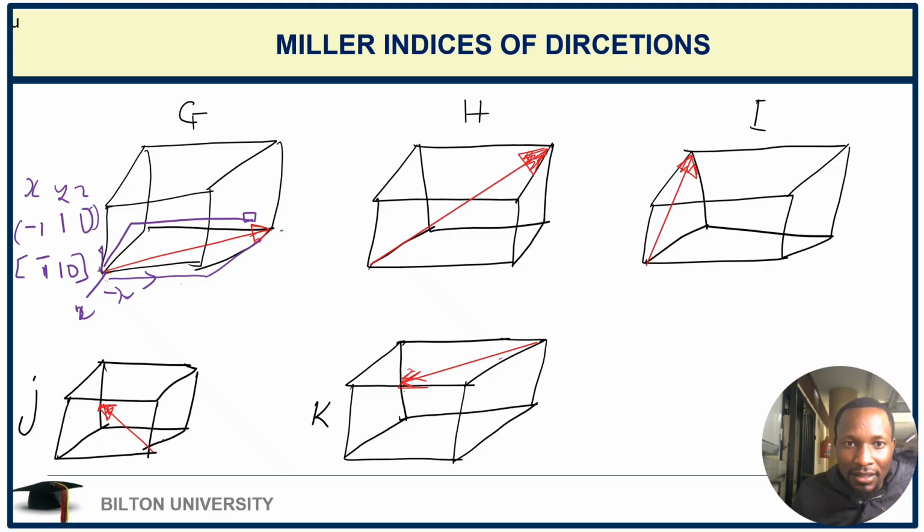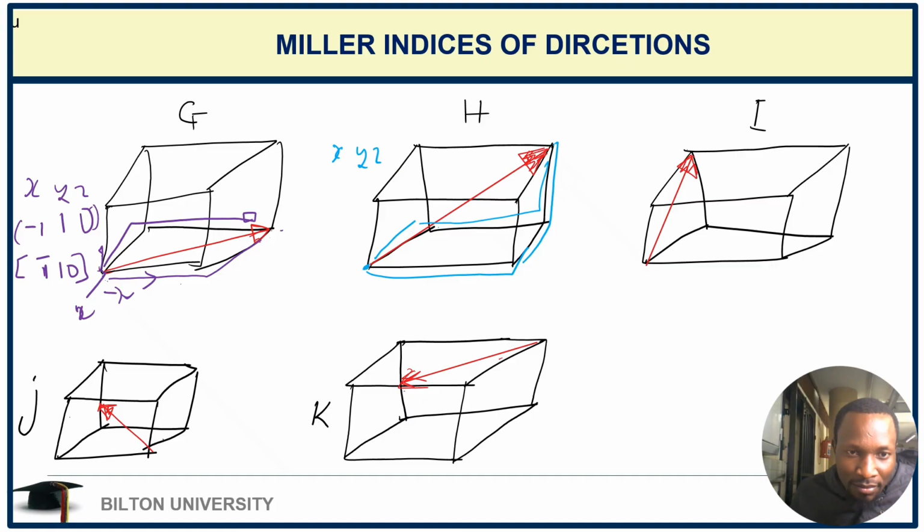And let's look at this H. Pause the video and try H. For me to reach this tip, ladies and gentlemen, I must have either moved in this direction, 1 full y length, 1 full x length, and 1 full z. Or I might have moved in this direction and moved this direction and moved here. So I'll choose any. So we have our x, y, and z. I have moved 1 full length.